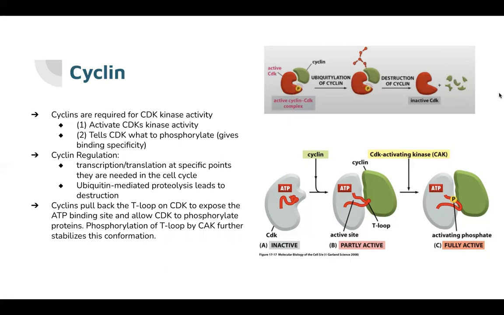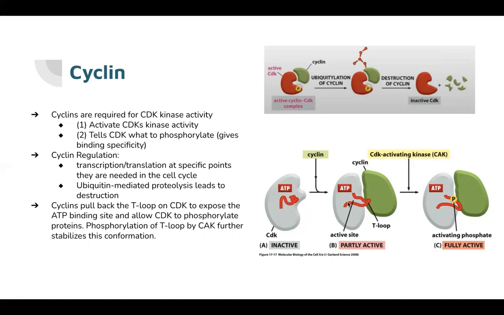So we also learned about this mechanism for how cyclin CDK become active, right? This has to do with the T loop. So we have inactive CDK. It's going to bind cyclin.